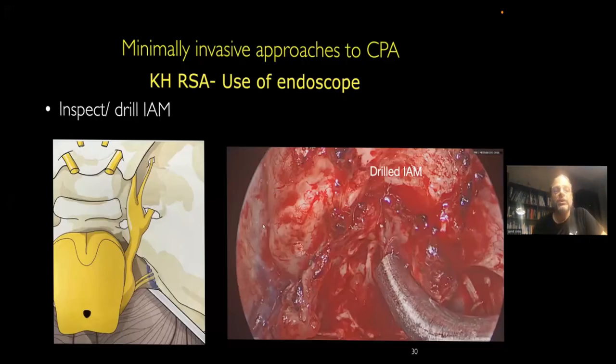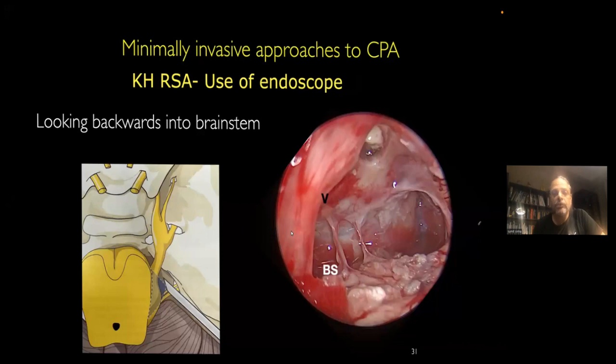Many times, during the surgery or after the surgery, for various reasons, inspection or drilling of the internal meatus, as you can see in this area, in this video. Drilling of the internal meatus, looking backwards.